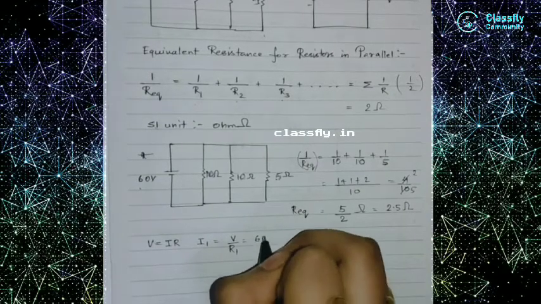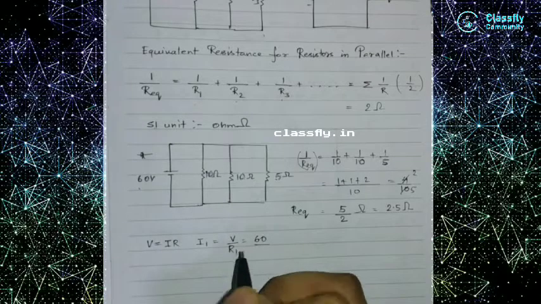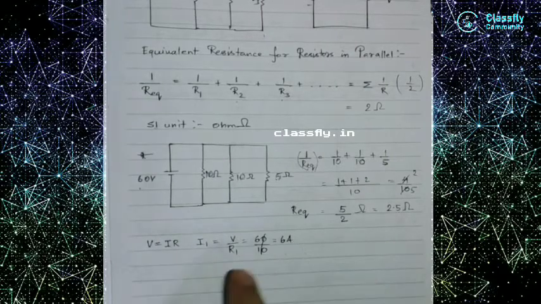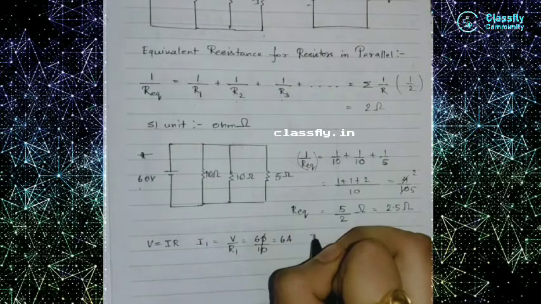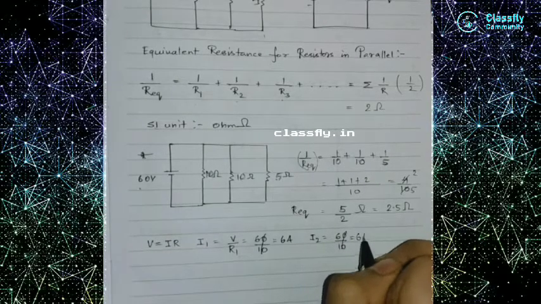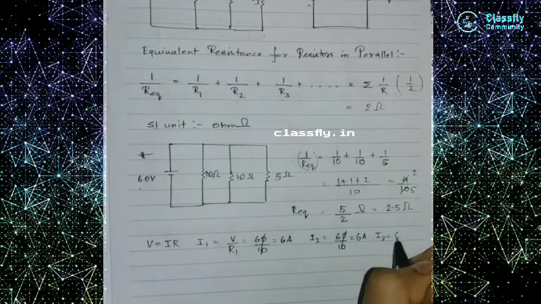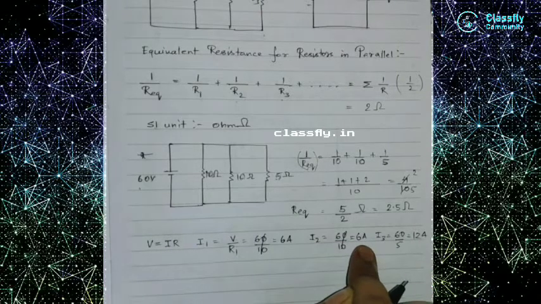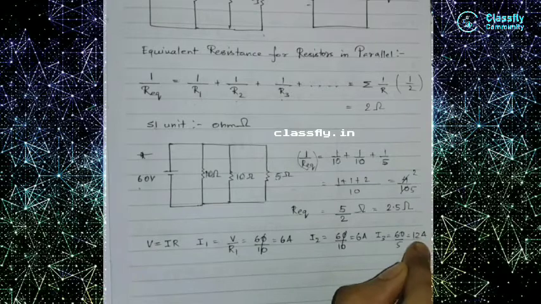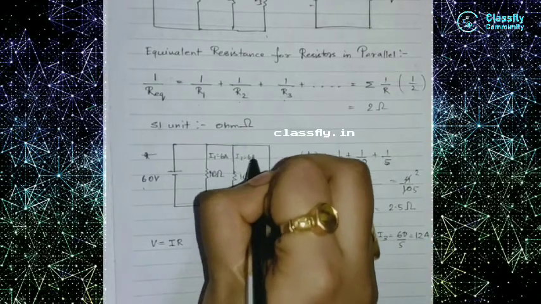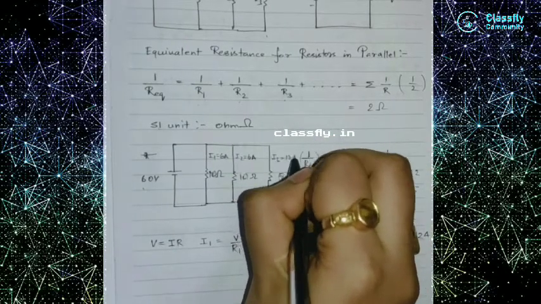V is 60 and R1 is 10, so it will be 6 ampere for I1. For I2 it will be 60 by 10 similarly, so it is 6 ampere, but for I3 it will be 60 by 5, that means 12 ampere. So I1 is 6 ampere, I2 is also 6 ampere, I3 is 12 ampere.